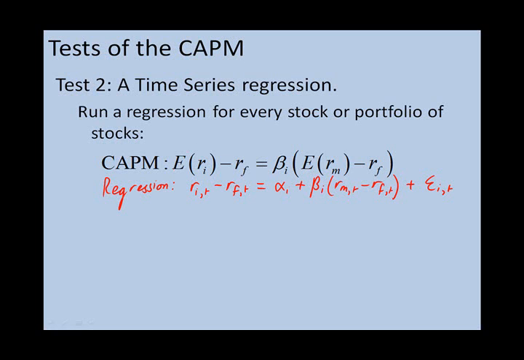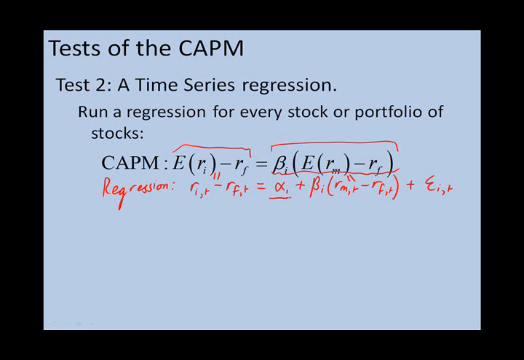In the CAPM equation, we have expected excess returns, which we're going to match here with excess returns each month. We also have beta times the expected market risk premium, and in our regression equation we have beta times the actual excess returns on the market. So this term matches up here.